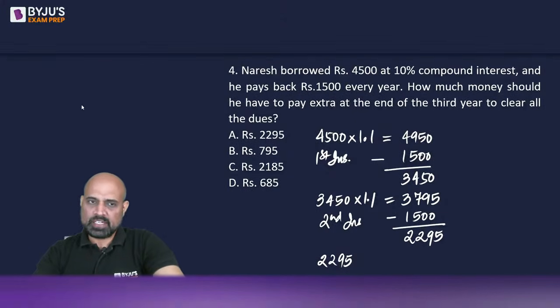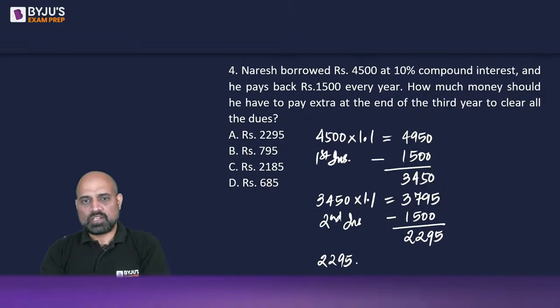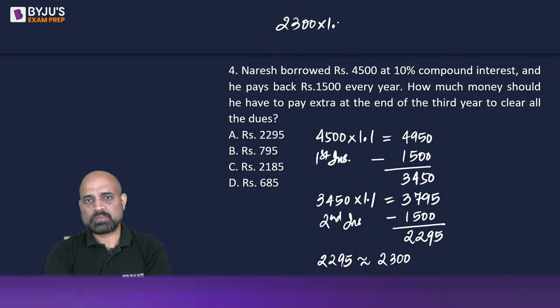Third year, this will increase, because that's the end of the first year. Then we have at the end of the second year. Okay. So let's do one thing. Let's approximate this as 2,300 to make the calculation easier. Now that 2,300 is going to increase by 10%.